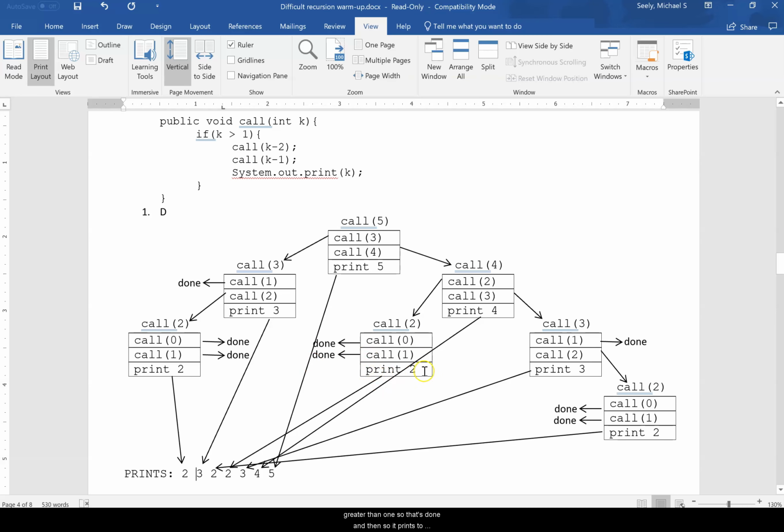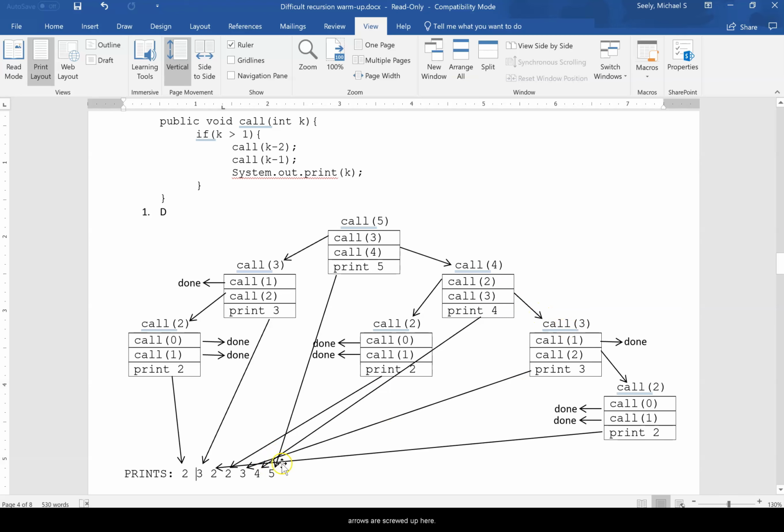And then it prints 2, so 2 gets printed down here. Then it goes back up, and it prints 4. Right? So then we go back up here and call 3.